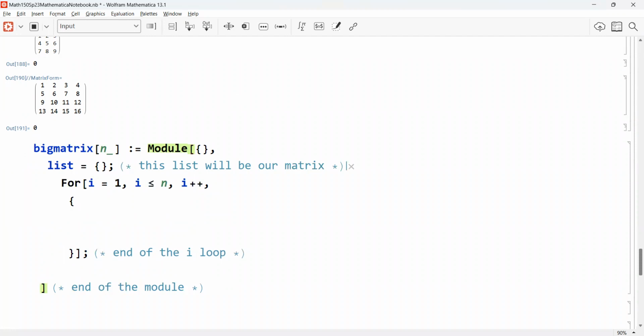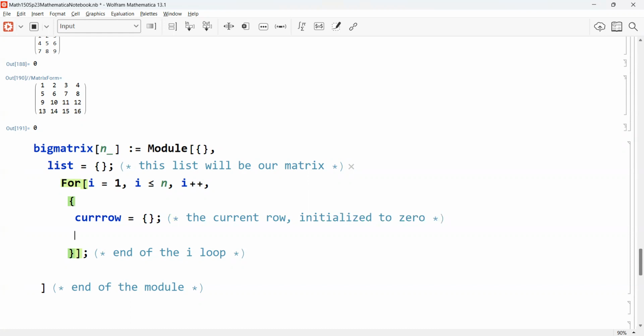And so now I'm going to build it up row by row. So cur row is empty. That's going to stand for the current row, initialized to empty. Now, i is going to go from 1 to n.